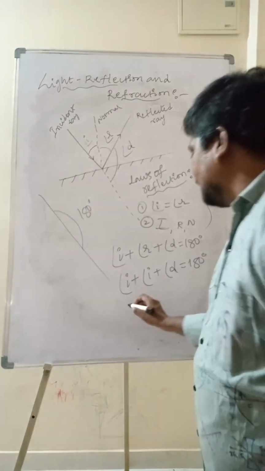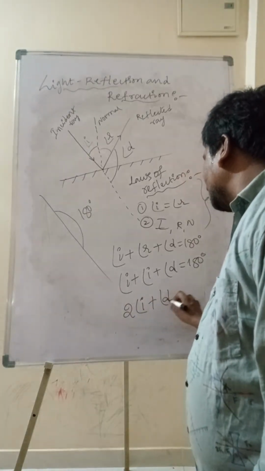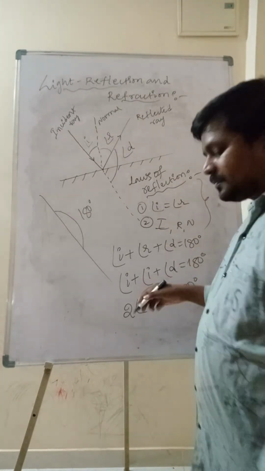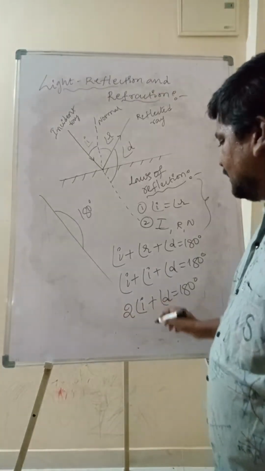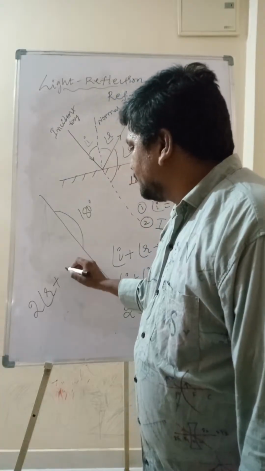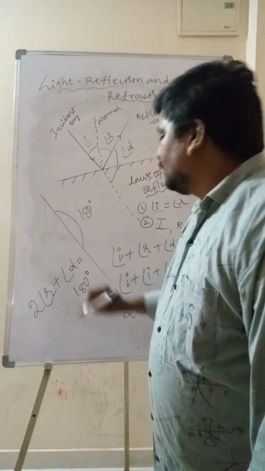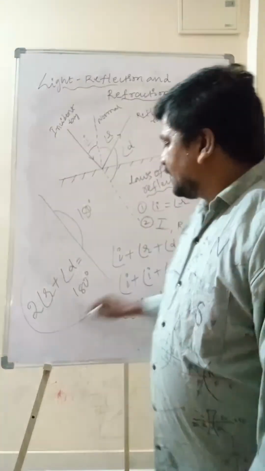Also, we can write 2 times the angle of reflection plus the angle of deviation equals 180 degrees.